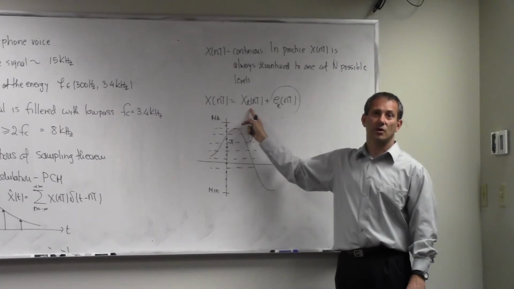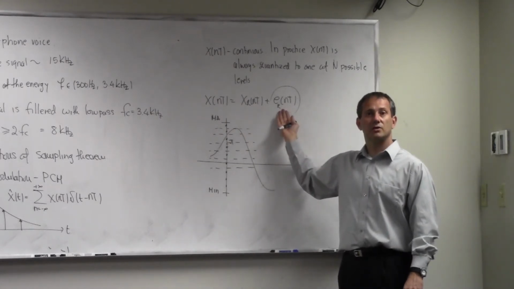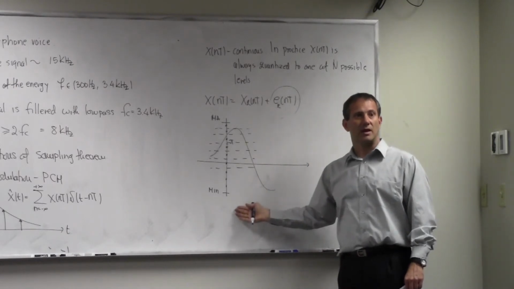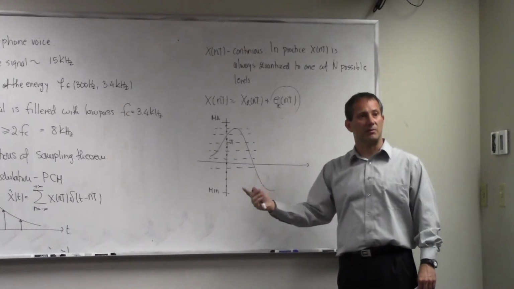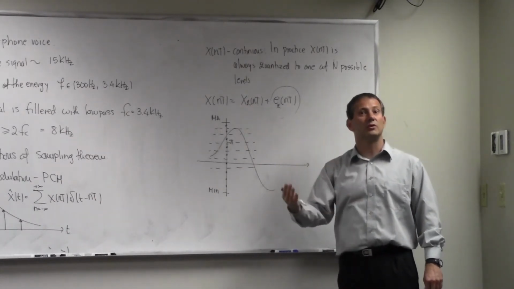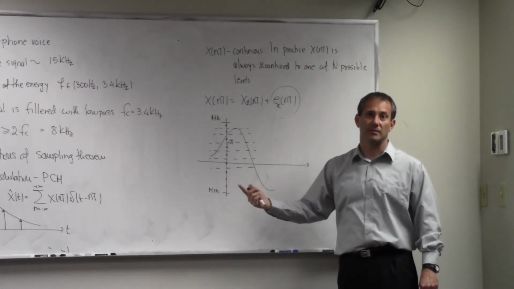So that's how the story goes. I go with a required signal to noise ratio, and that gives me the number of levels I need. Then I number the levels from 0 to whatever the number is, and that gives me the total number of bits I need to represent each particular sample.